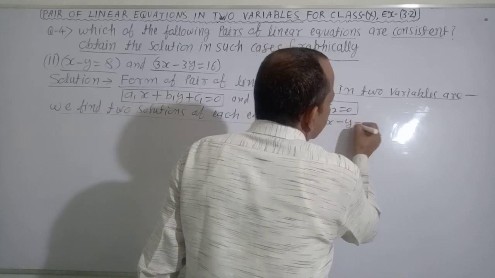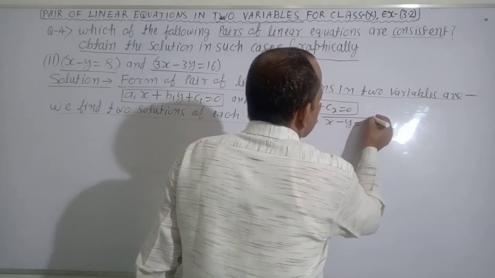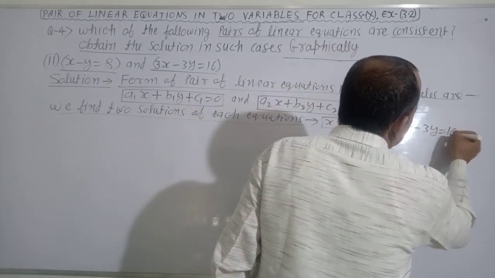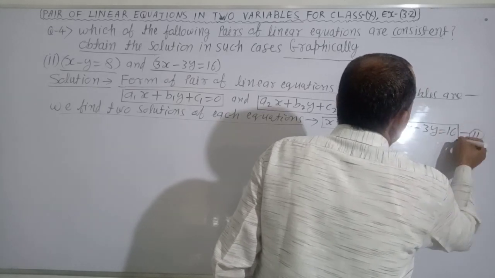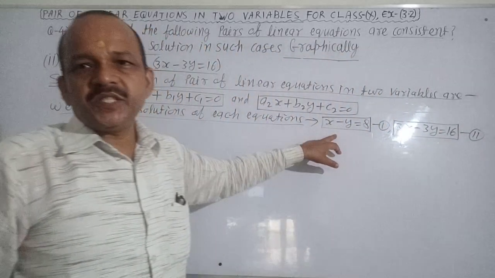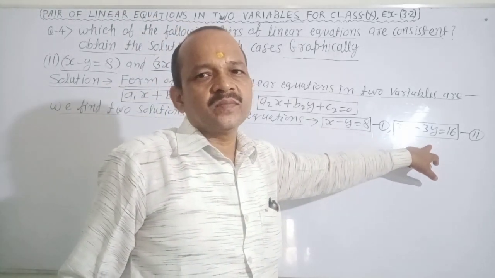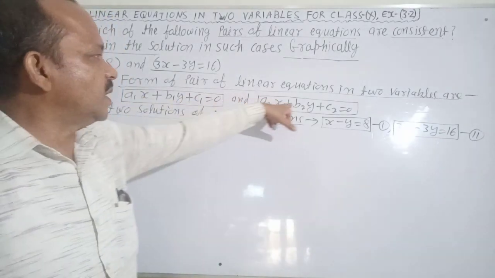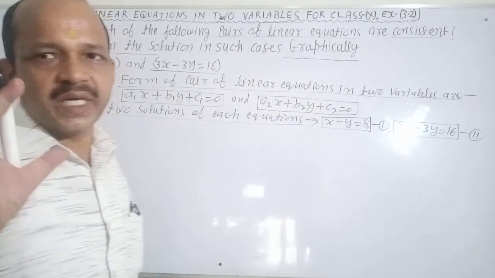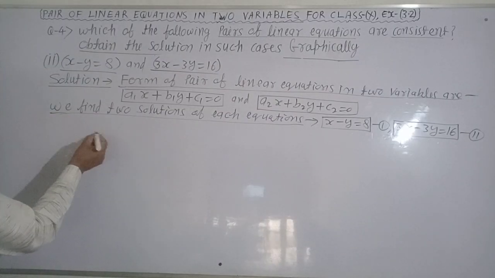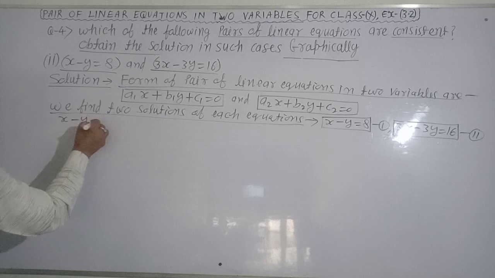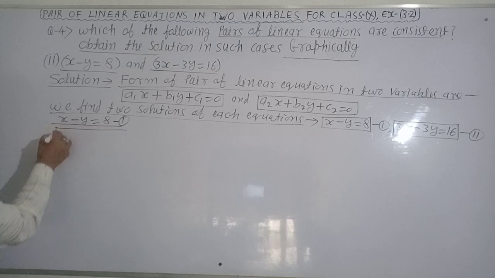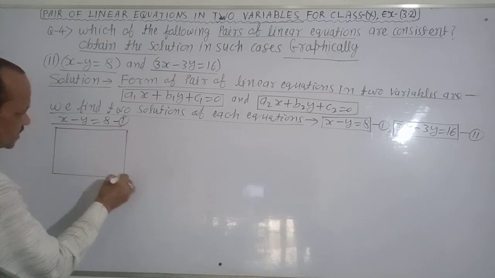X minus y equal to 8 is the first equation. 3x minus 3y equal to 16 is the second equation. It is the first equation and it is the second equation. Clear? We find two solutions of the first equation.